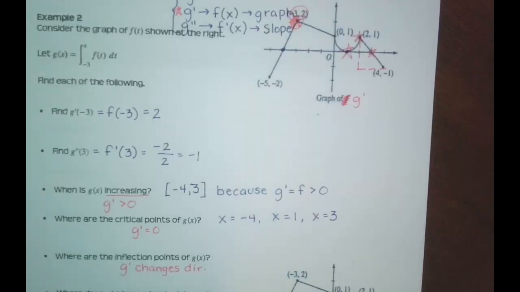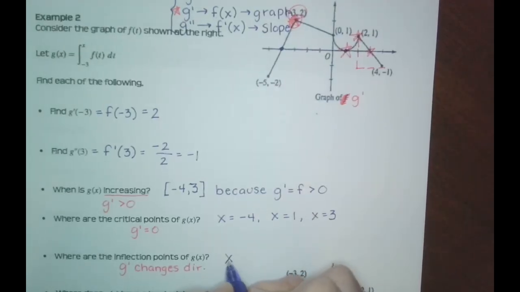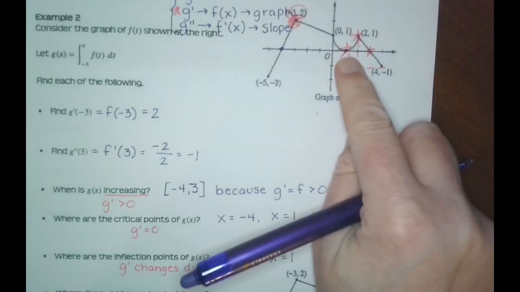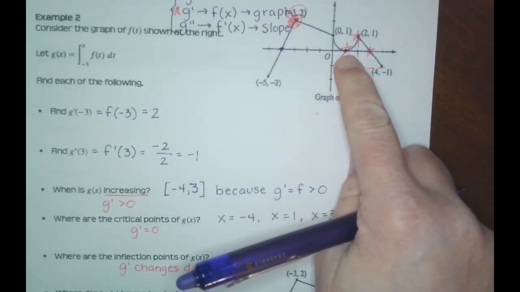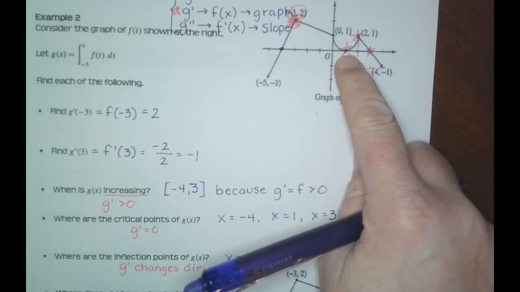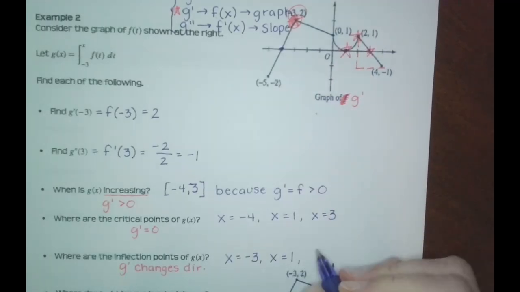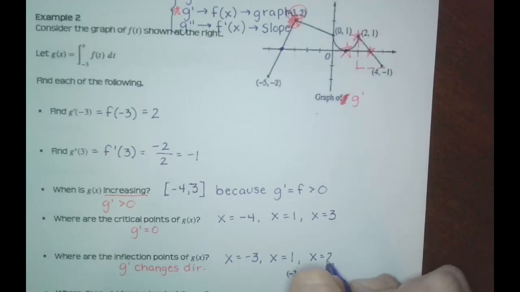That would be at x equals -3, x equals 1. So I do want to point out this point right here is both a critical point and an inflection point. That's totally possible. And x equals 2. And remember, for this justification, I would probably say something more specific than changes direction. I would say changes from increasing to decreasing or decreasing to increasing.